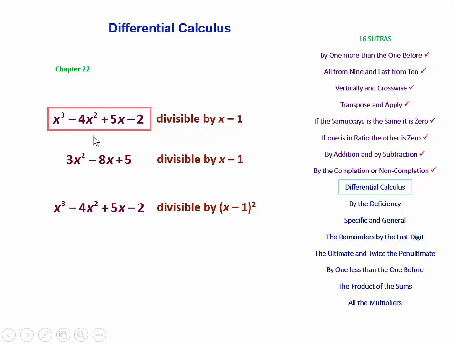And that helps us to factorize the given cubic, because it will be equal to that repeated factor multiplied by some linear term, which we can easily get, because here we've got x cubed, here we've got x squared when we multiply out, so this must be x. And at the end here we've got minus 2, and this will be a plus 1 when we multiply out, so this must be a minus 2. And so we factorize that cubic using differential calculus.